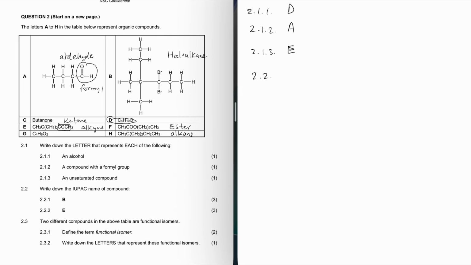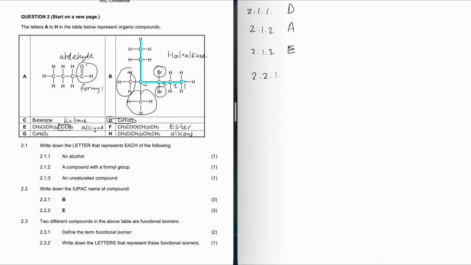Question 2.2.1, write down the IUPAC name of B. So B is a haloalkane, so we need to find the longest branch. Now the longest branch is going to be this branch right here. I have a bromine and a bromine here, so that's on carbon 1, 2, and 3. Then I have a methyl and a methyl on carbon 4 there.